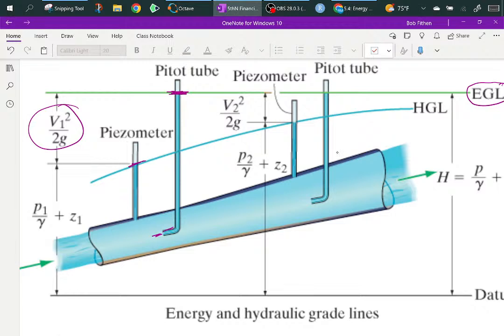Meaning that you've taken that kinetic energy, which was here, and then bam, you took it all out and it just shoved the liquid up further because it stagnated, or it basically drew the velocity down to nothing right here. And as a result, it increased the pressure this much from that.